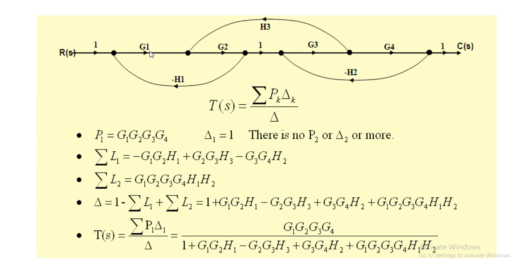We multiply G1 G2 minus H1 into G3 G4 minus H2. The minus signs cancel, and it becomes G1 G2 G3 G4 H1 H2.